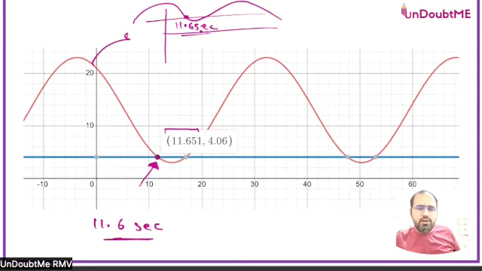Even if you show this much, it will be fine. You don't have to draw the exact graph. But this graph first, you need to draw it in the calculator and then just copy it from there. So 11.6 is the answer. If anyone has any question connected to this, you can ask.